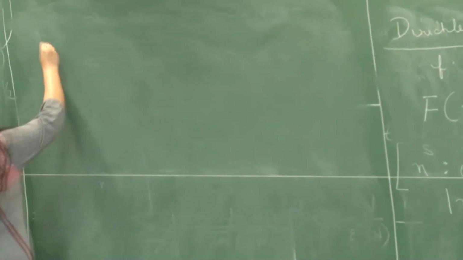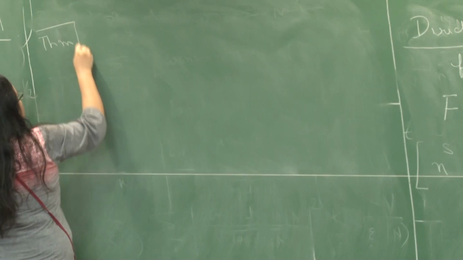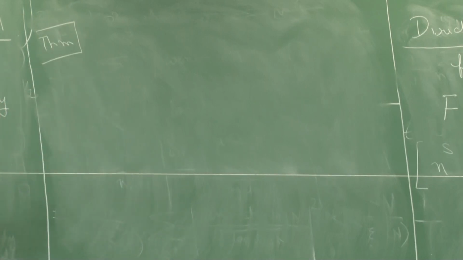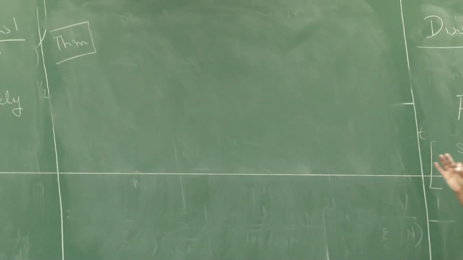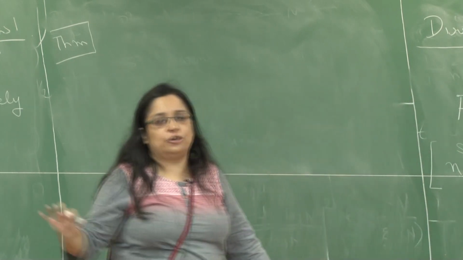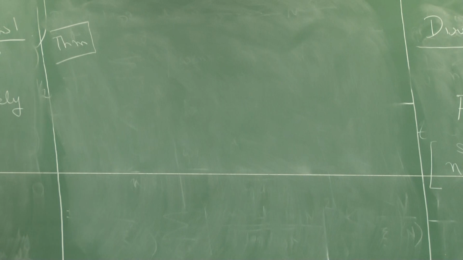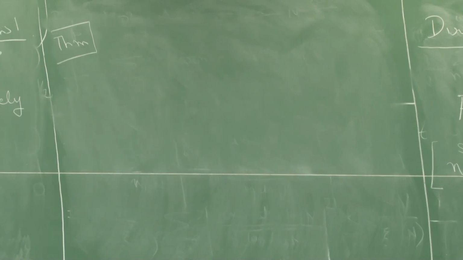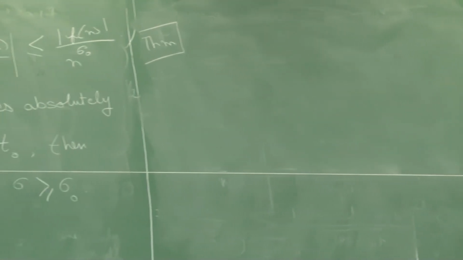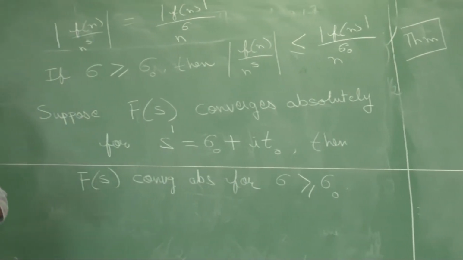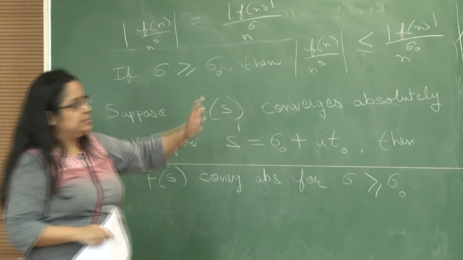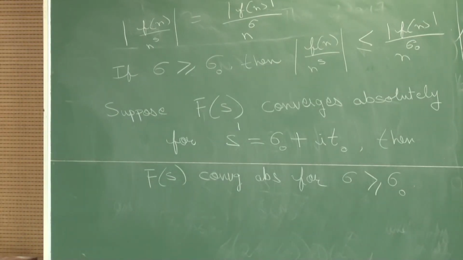So, here is a theorem. Suppose you have some Dirichlet series and you know that it does not converge on the entire complex plane, but it does not diverge on the entire complex plane either. That means it has some points where it converges and some points where it diverges. The previous observation that we just wrote shows that if it converges absolutely at some point, then to the right of the real part of that point it must also converge absolutely. So this theorem is just making that notion precise.